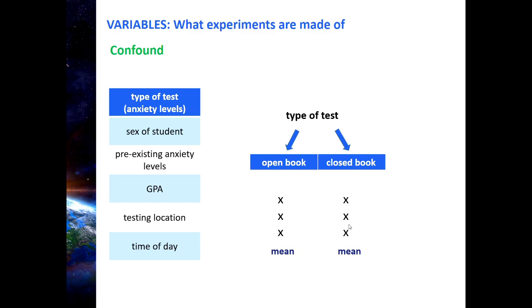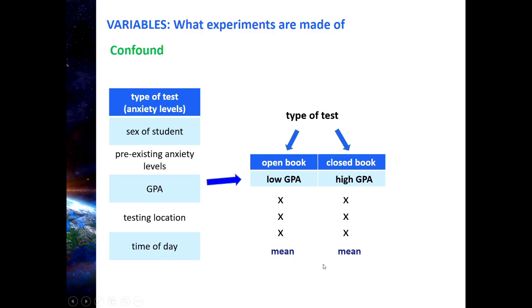Now, what if GPA, one of these extraneous variables, for whatever reason, became systematically different between our 2 groups, such that most of the people in this open book group had a low GPA and most of the people in this closed book group had a high GPA?